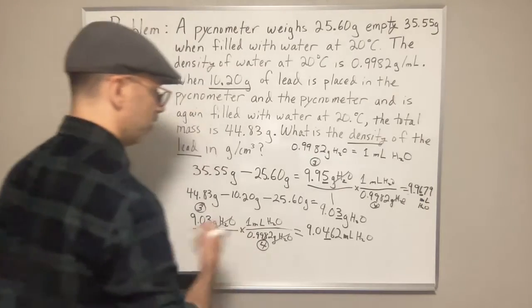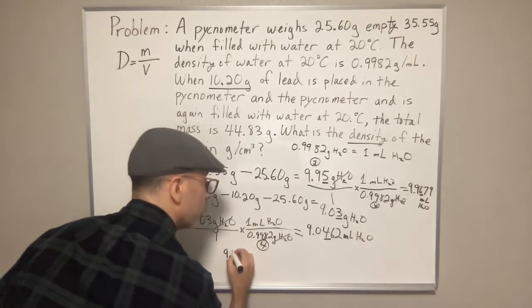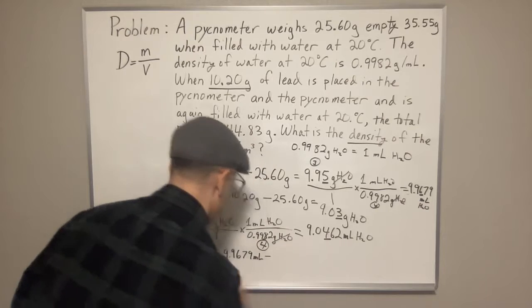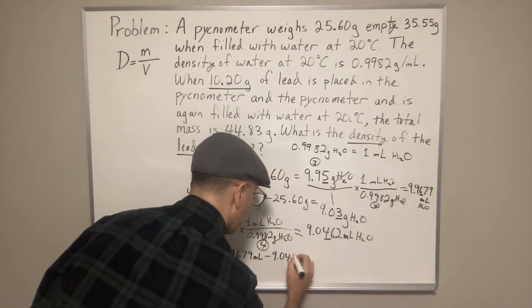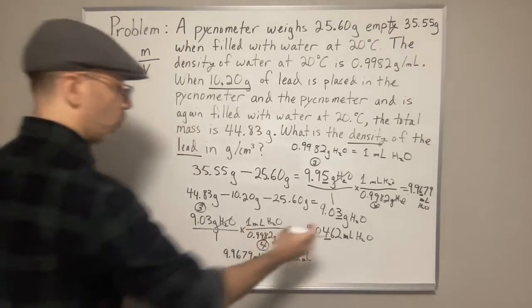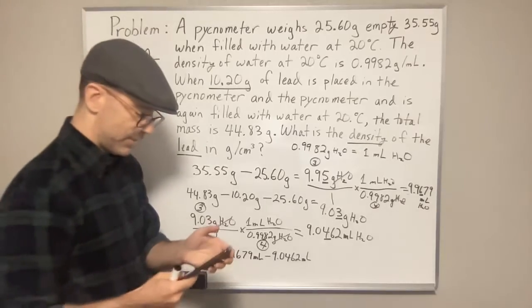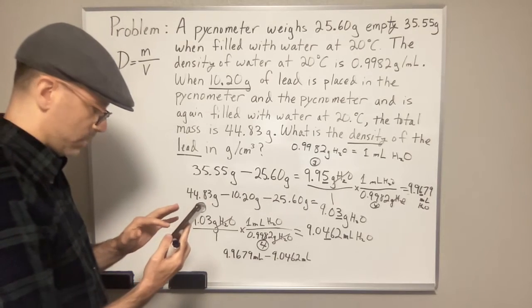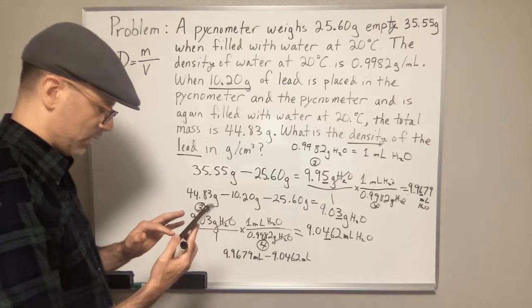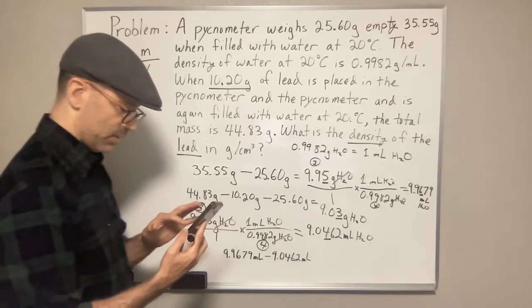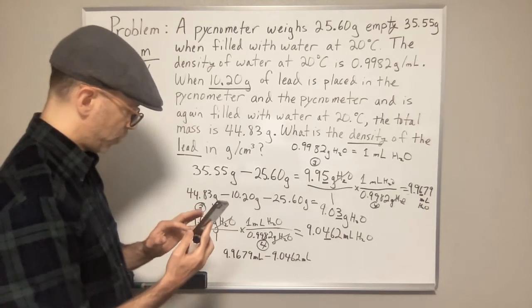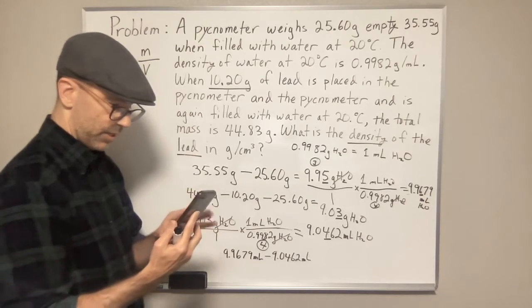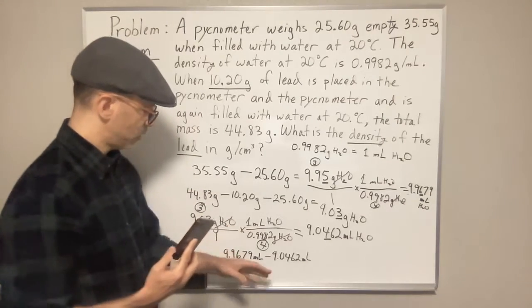So if I take 9.9679 milliliters, subtract 9.0462 milliliters of the water, what do I get? 9.9679 minus 9.0462 equals, and I get 10.889, so on.